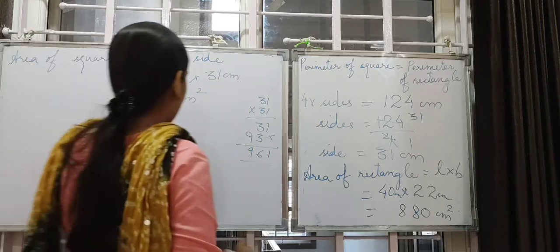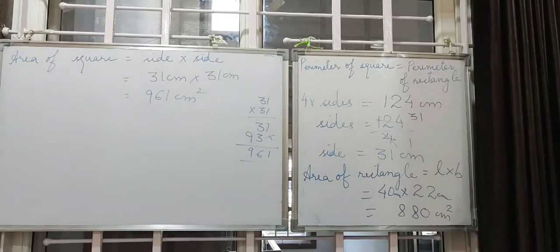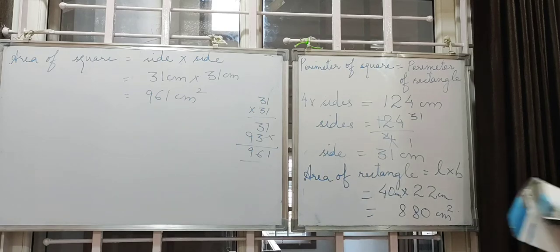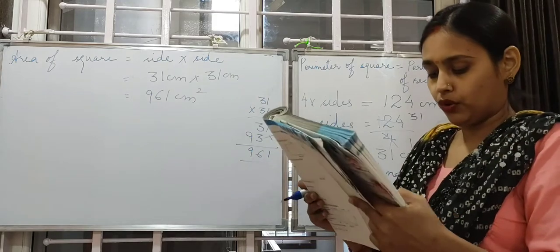So here we compare the two areas and we find that the area of the square is larger than the area of the rectangle. So what is the last statement that we are going to write? Also find which shape encloses more area.